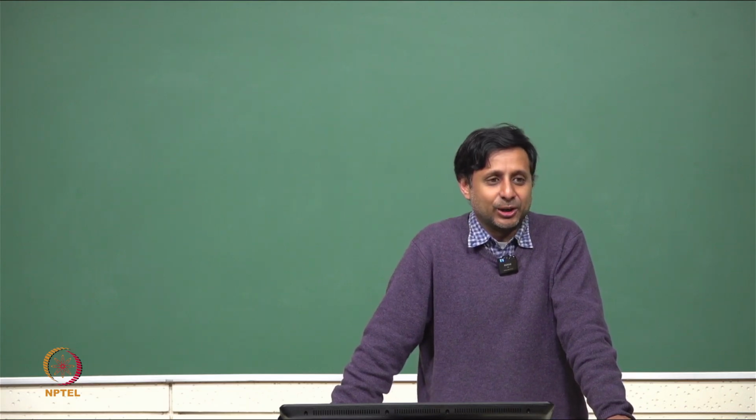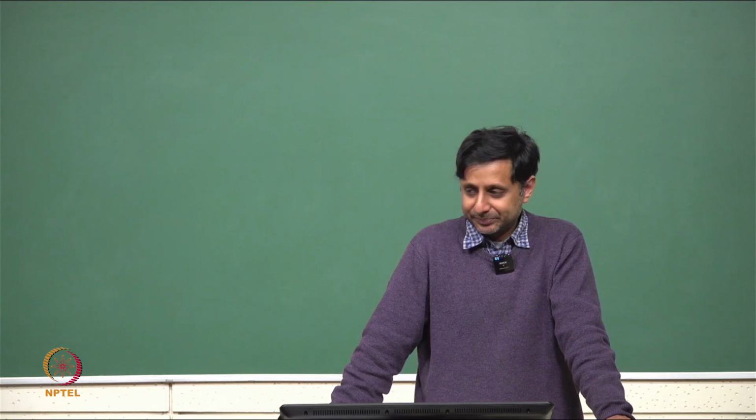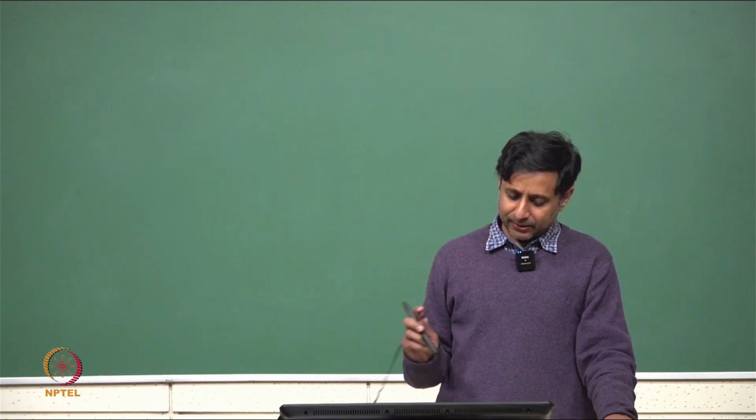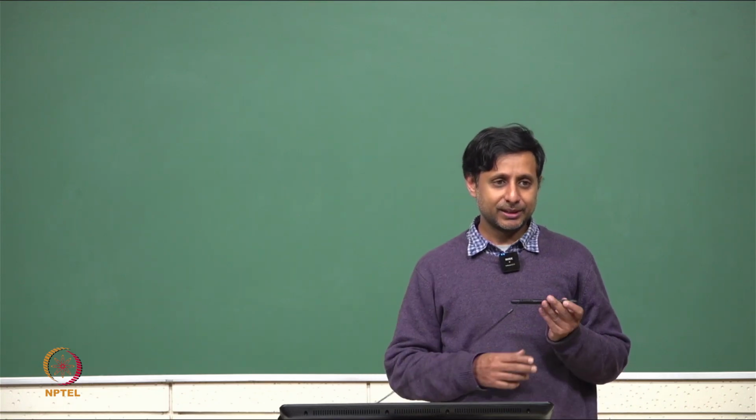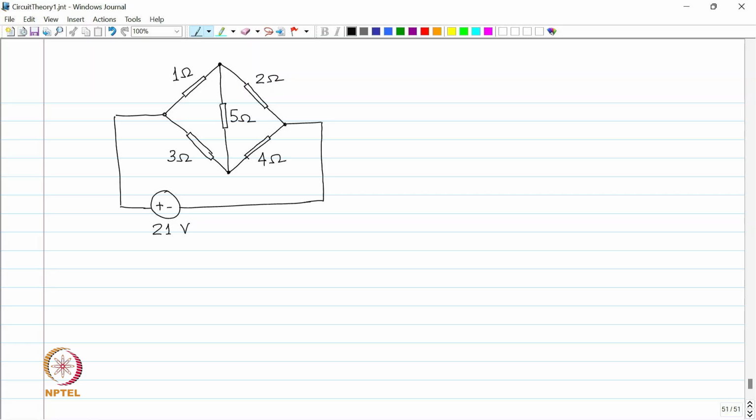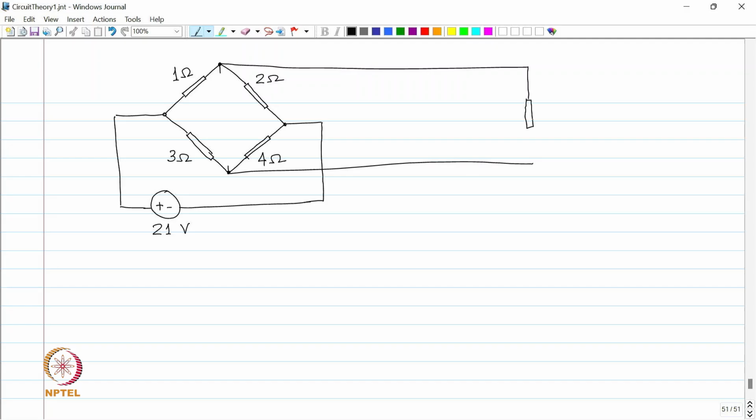So, Thevenin and Norton are going to help us over here. First the way we are going to operate is as follows. First we are going to redraw this circuit by pulling out the 5 ohm resistor.